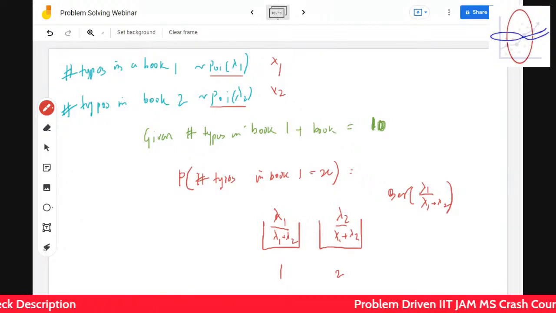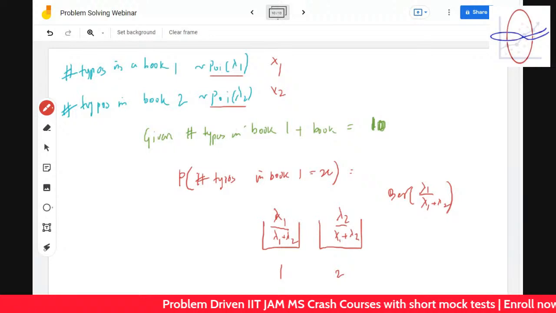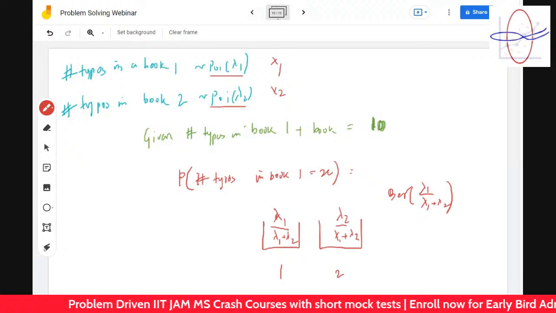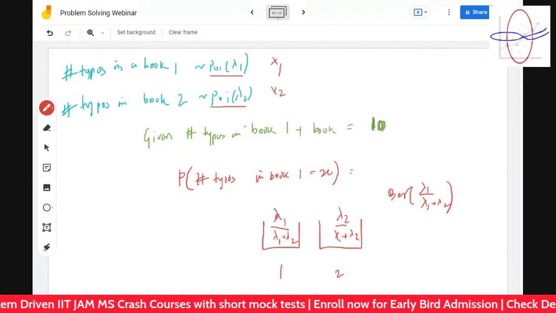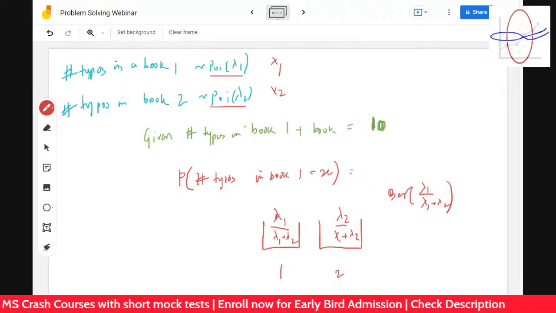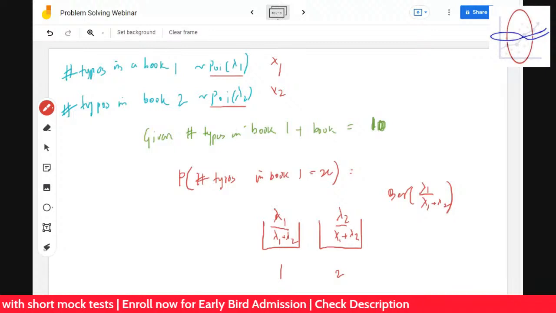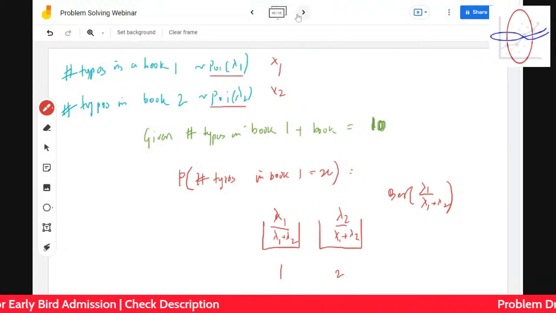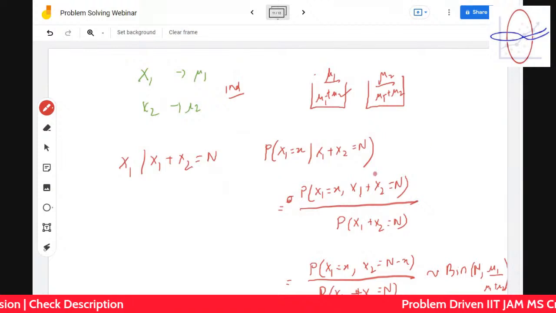So the proportion is lambda 1 to lambda 2, that is lambda 1 by lambda 1 plus lambda 2 and lambda 2 by lambda 1 plus lambda 2. So if I take one, the probability of them coming is this, on average. So why is it not holding true for each and every random variable out there?